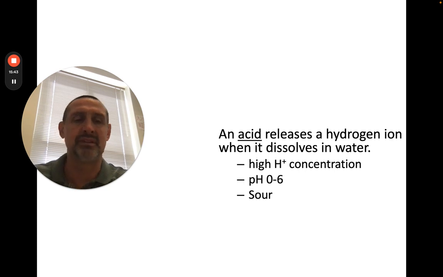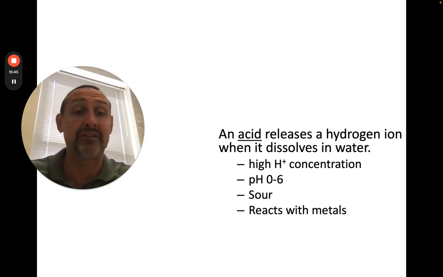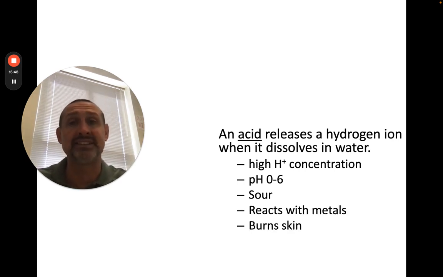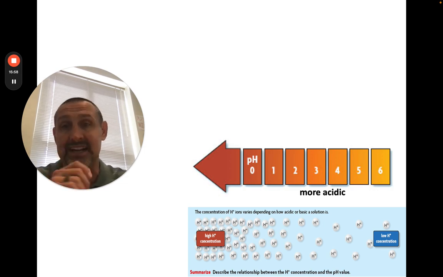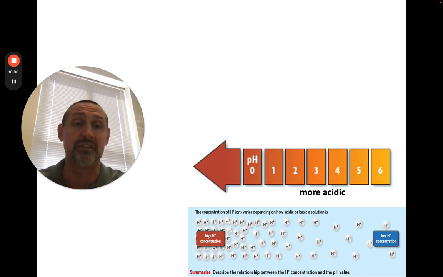All right, acids typically taste sour, and they react very strongly with metals. And if you get an acid on your skin, it will burn. So the more acidic is the lower the pH. So low pH numbers, very acidic. So for example, hydrochloric acid has a pH of like 0 or 1. It's very, very low. Why? There's a high concentration of hydrogen ions in that solution.